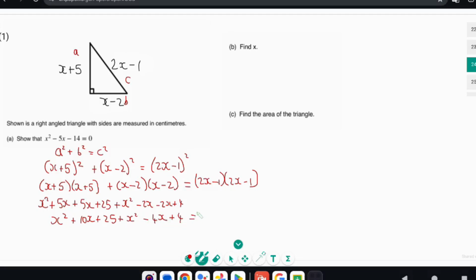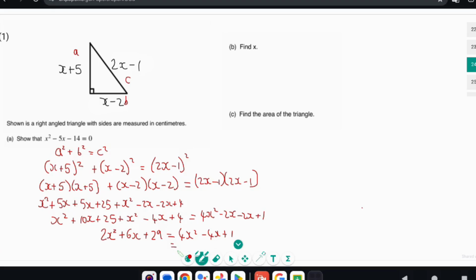And over on the right-hand side, we have 4x squared minus 4x plus 1. I'll simplify that later. Let's simplify the left-hand side. X squared and x squared is 2x squared. 10x minus 4x is positive 6x. 25 plus 4 is 29. That's equal to 4x squared minus 4x plus 1.